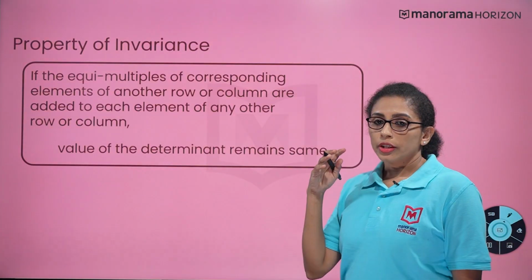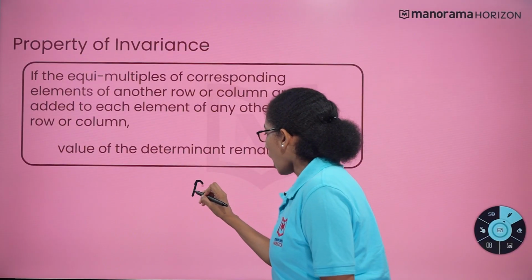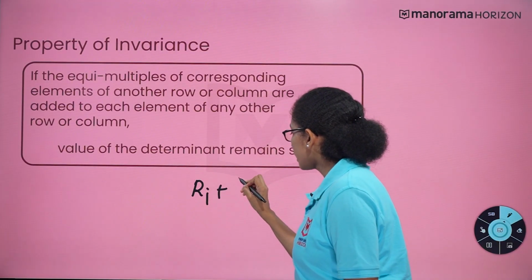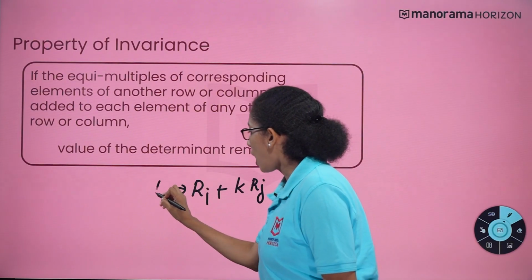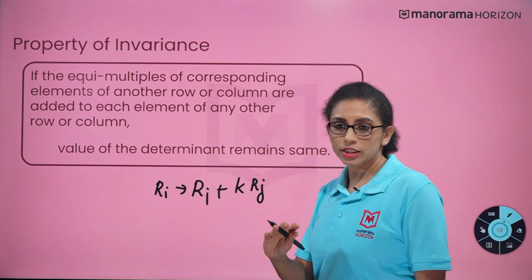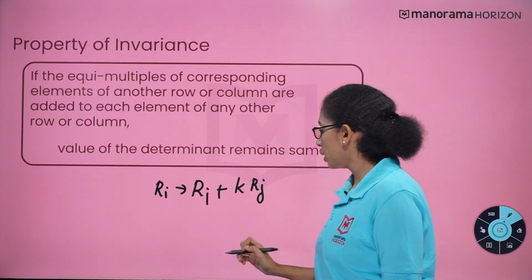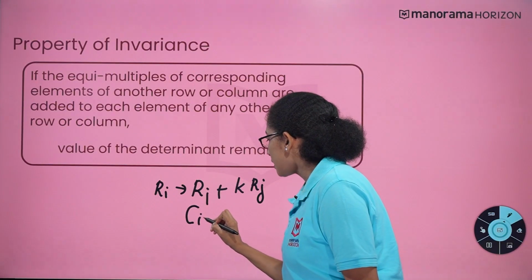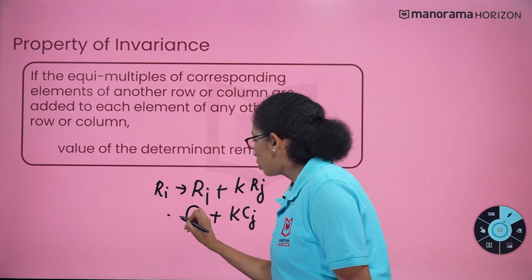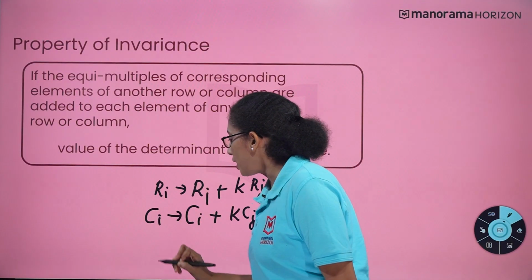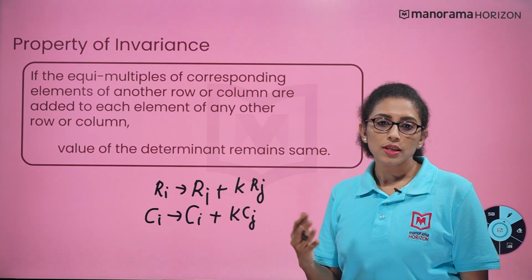That is, if I apply the operation Ri plus k into Rj to the row Ri, the value of the determinant remains the same. Similarly, applying Ci plus k into Cj to the column Ci, the value of the determinant remains the same.